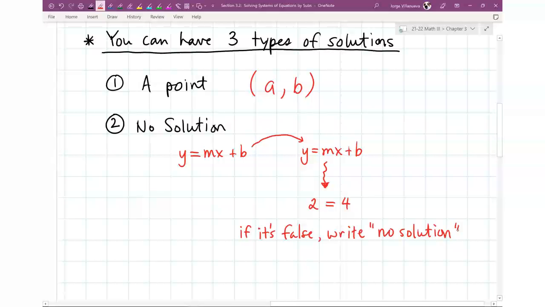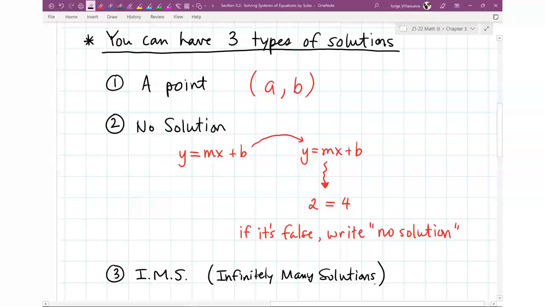Now, the third option is infinitely many solutions. Remember, we call this IMS, right? Infinitely many solutions. Okay?